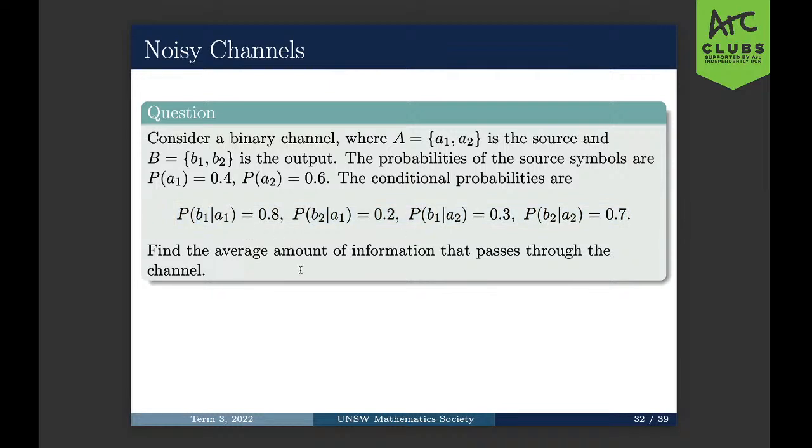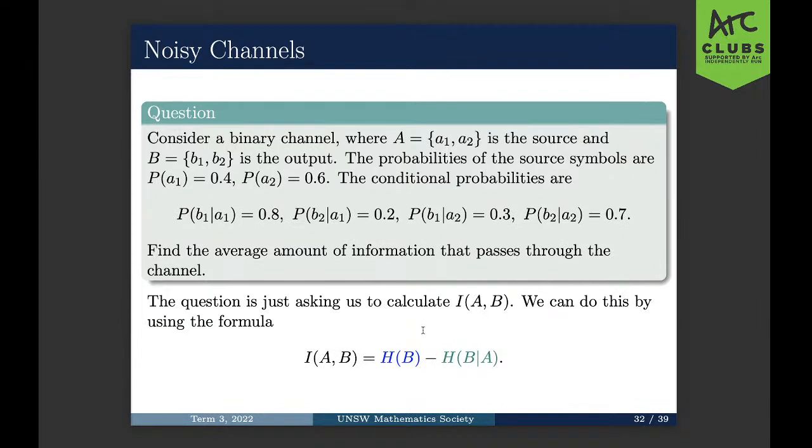We want to find the average amount of information that passes through the channel. If you remember what I said, the information that passes through the channel is literally just I(A;B), and we just use that. We can either use this formula or the other one. We're just going to use this one because it seems to be easier.